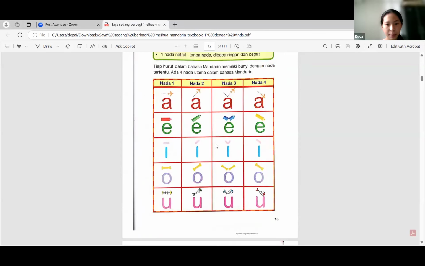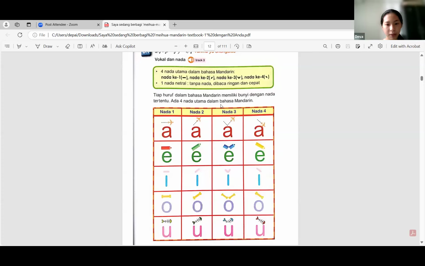Minggu lalu kita sudah pelajari pinyin, vokal dan nadanya.